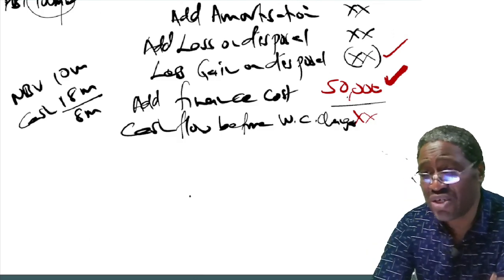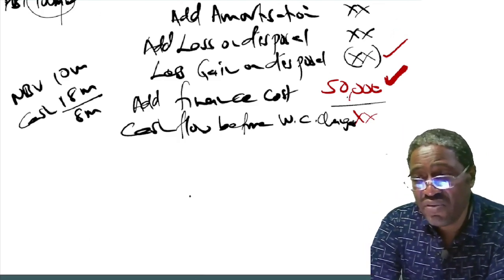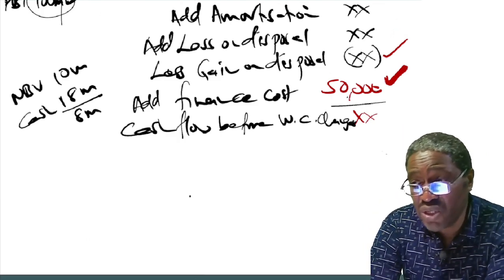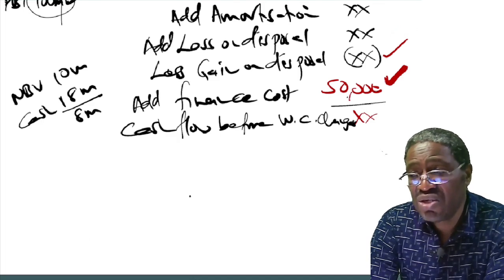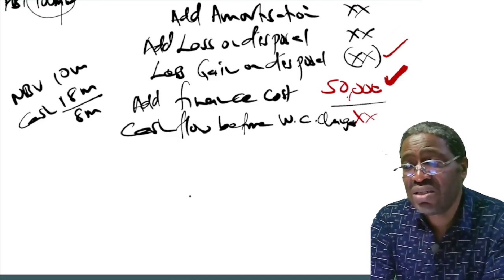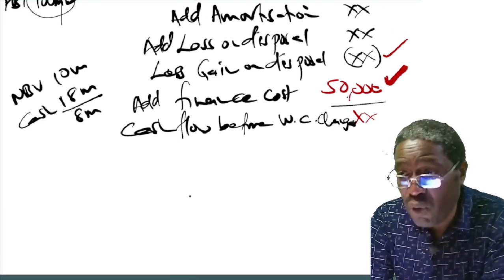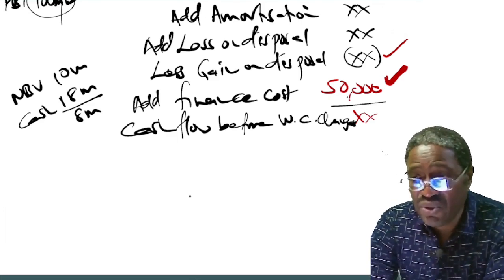That's what you call that total. The figure, you have taken the profit before tax, you have adjusted with those non-cash items, get it, call it cash flow before working capital changes.